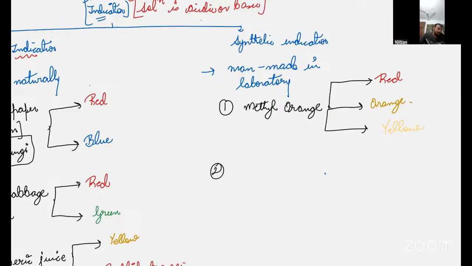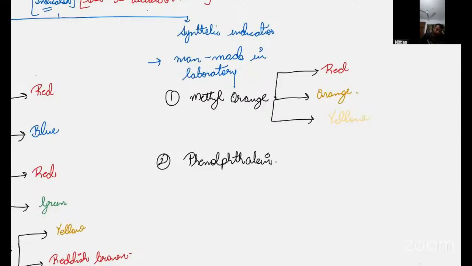Now, the second one is phenolphthalein. Phenolphthalein, also in neutral, is colorless.